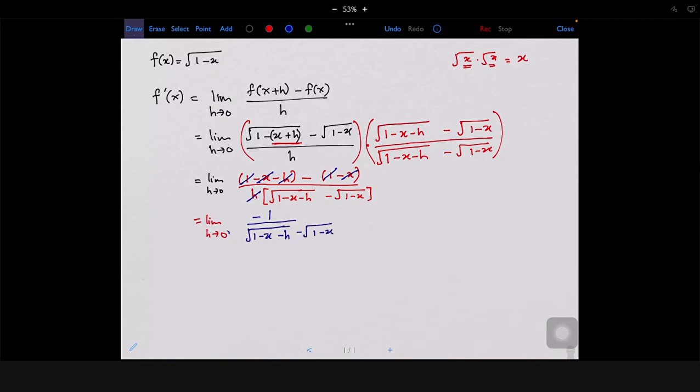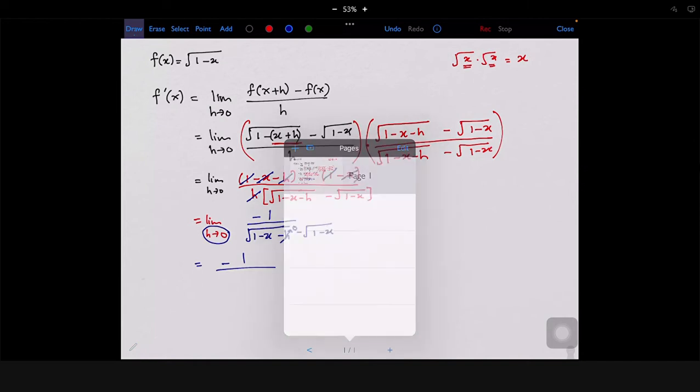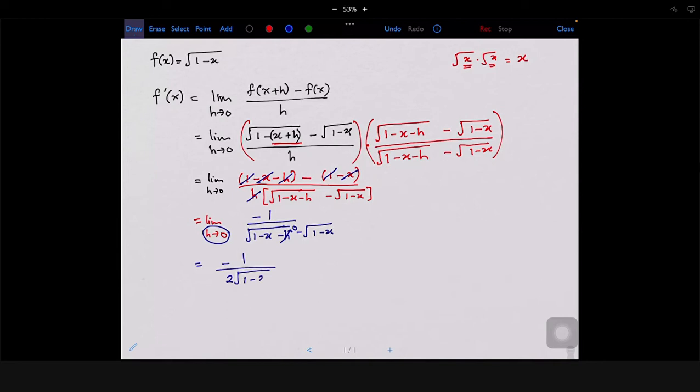Okay, so limit h approach to 0. So h approach to 0, so hanyalah tinggal negative 1 over surd 1 minus x plus surd 1 minus x. You akan dapat 2 surd 1 minus x. Okay, so akan dapat this function. So sama yang kita buat secara product rule, which is f prime x.